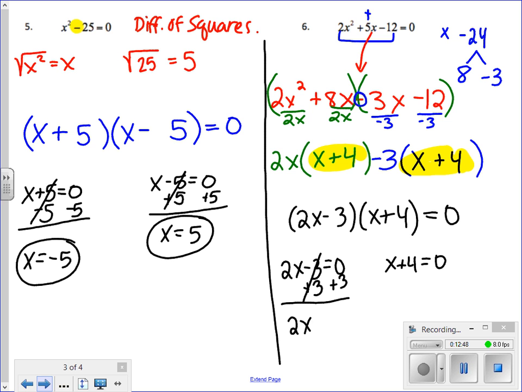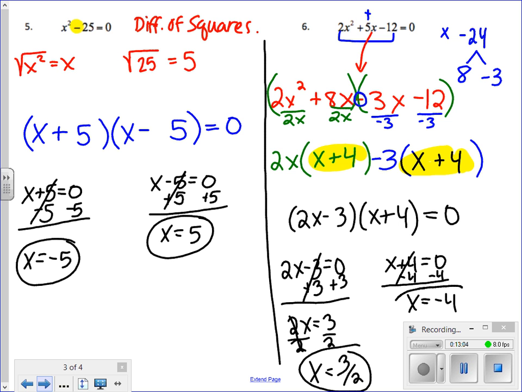I get 2x equals 3, divide by 2, and I get x equals 3 over 2. On this last one, I subtract 4, and I get x equals negative 4 as the other solution to the quadratic. Quadratics always have 2 solutions.